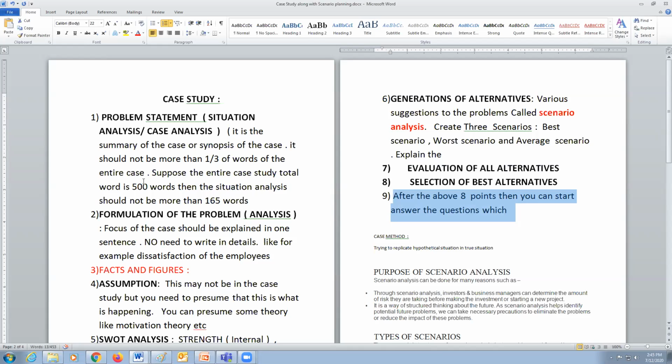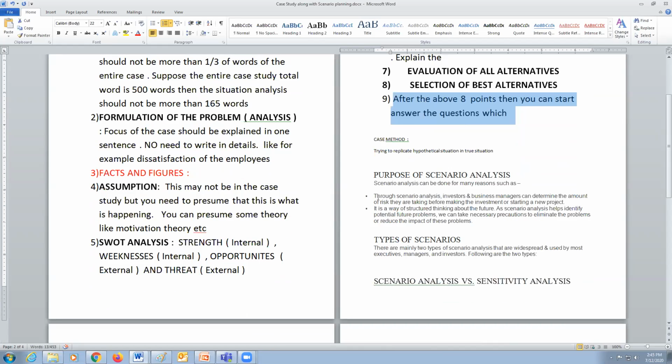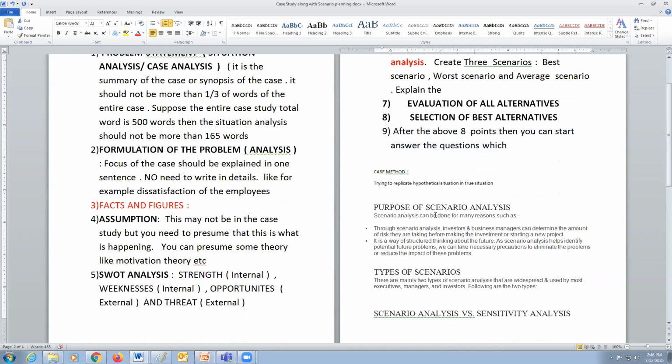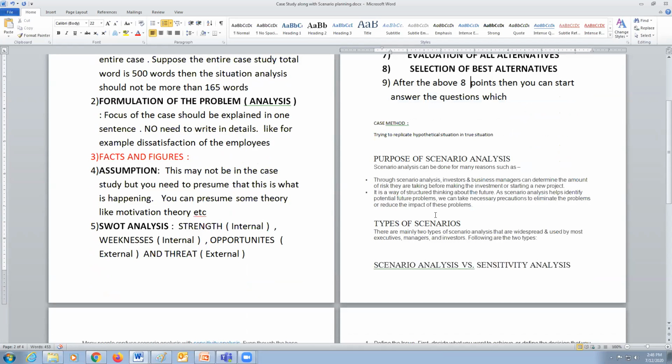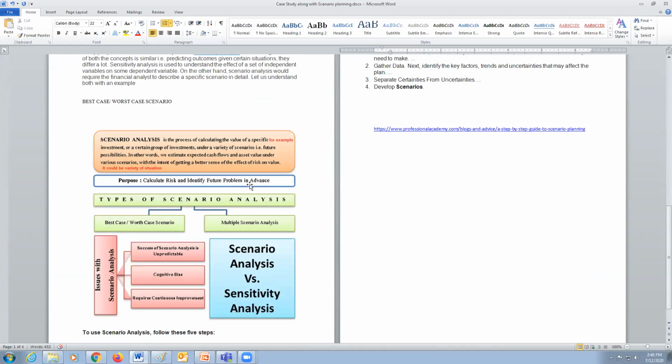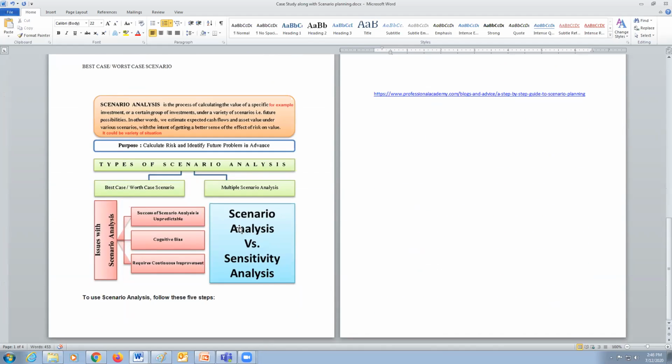Clear? Any question on this? And then I have explained why it is scenario analysis. So I have explained the purpose of scenario analysis, types of scenario analysis versus sensitivity analysis, and then I have given you this diagram.